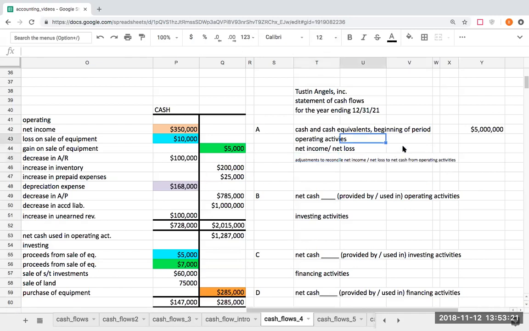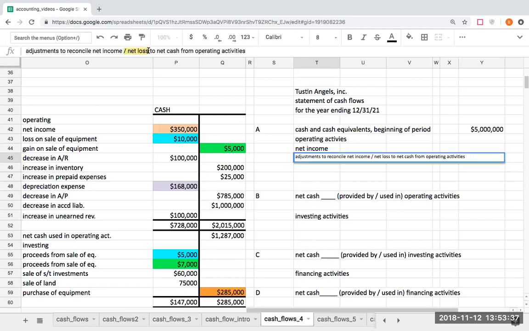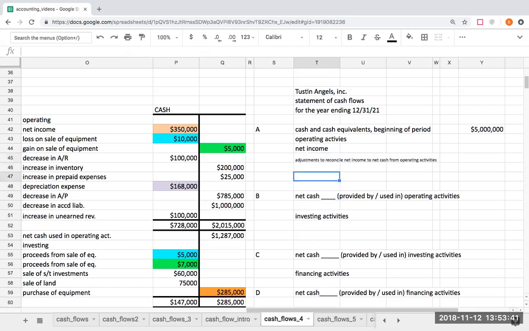My operating activities, my net income, which is here, and I have this net income / net loss because you essentially choose the one it should be, and then you go from there. And this is going to be adjustments to reconcile net income to net cash from operating activities.